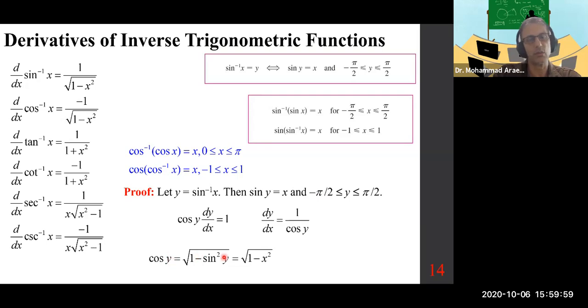This was discussed when we discussed inverse trigonometric functions. But let's quickly recap. Sine y gives you cosine y dy dx. X gives you 1. So dy dx is 1 over cosine y. If sine y is x, cosine y is the square root of 1 minus x squared. Again, where does it come from?